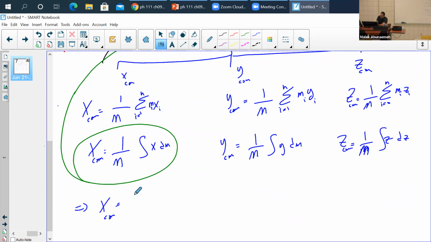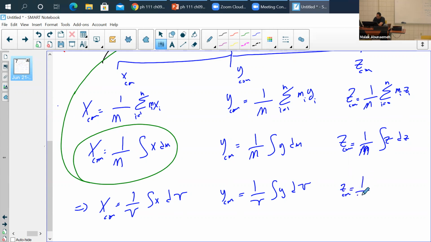So there's going to be 1 over your volume, integration of x dV. Same thing for y: y center of mass is going to equal 1 over your volume, integration of y dV, and z center of mass is going to equal 1 over V, integration of z dV.